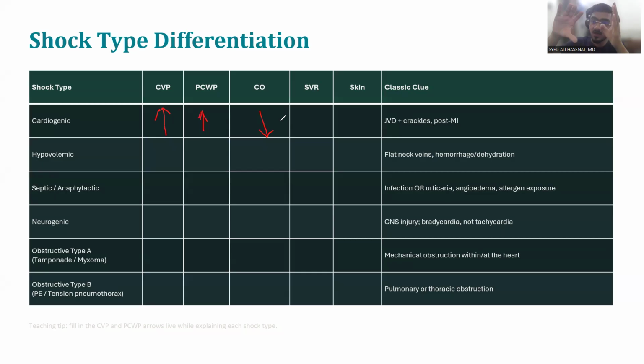So the body constricts the vessels, it constricts the pipes. When the pipes are constricted, the water flushes out with more force. So it constricts the vessels to push the remaining blood towards the vital organs so that they can get some of the oxygen from the blood. So the SVR will increase.